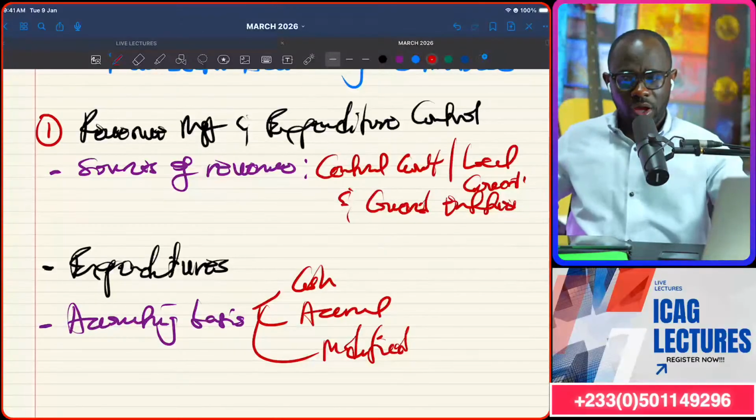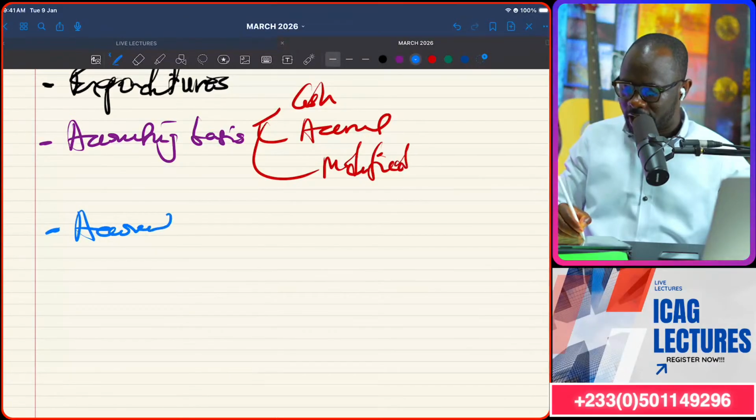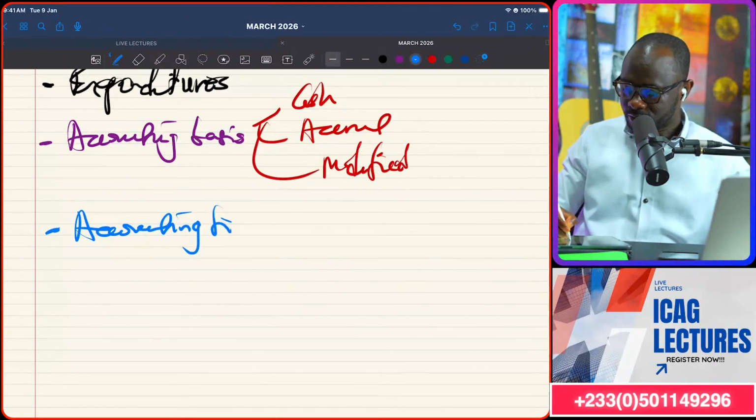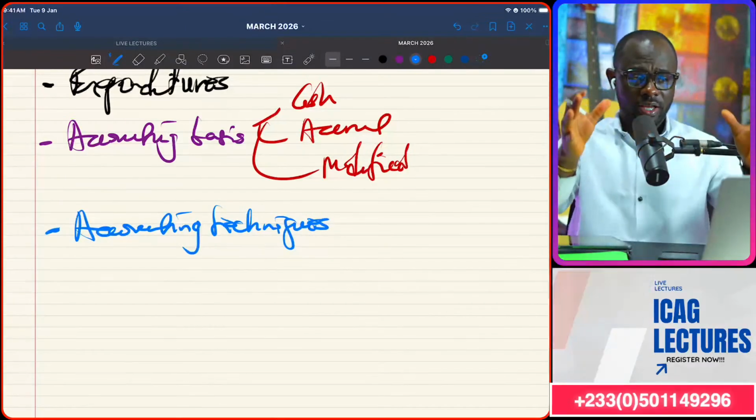Again, as you are doing all of those things, you would then get yourself into what we call the accounting techniques. The methodologies used in the preparation and presentation of financial statement.